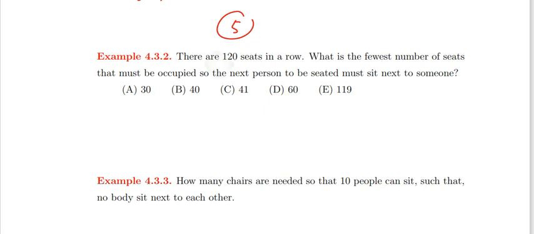So it says there are 120 seats. What is the smallest number, or fewest number, of seats that must be occupied so that the next person to be seated must sit next to somebody?